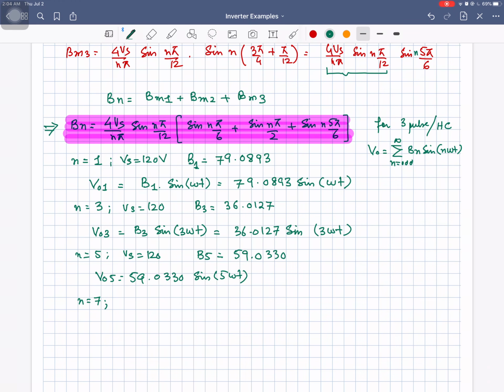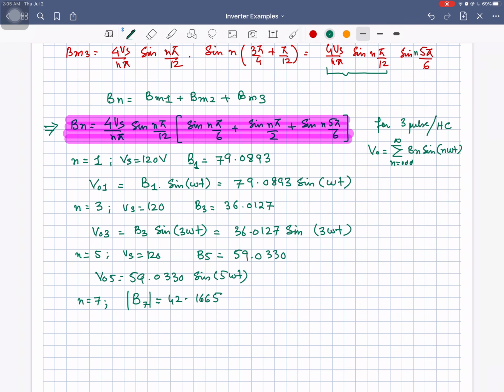I'm just going to quickly write down for the seventh harmonic. For the seventh harmonic, basically Bn comes out to be negative, but as we are going to express it in terms of magnitude, B7 will be equal to 42.1665. Its actual value is negative.